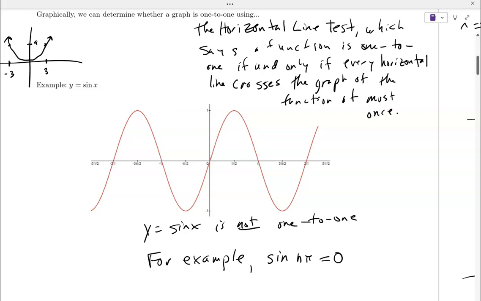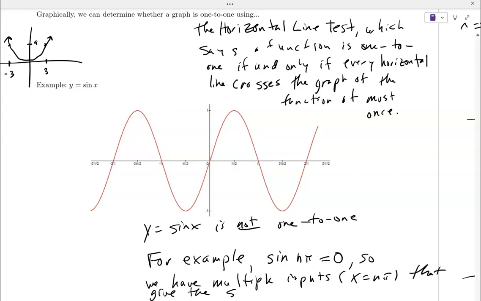So we have multiple inputs that give you the same output. So it's not one to one. That's what it means to be not one to one, right? I've got several things that I can plug in, and it gives me the same output.